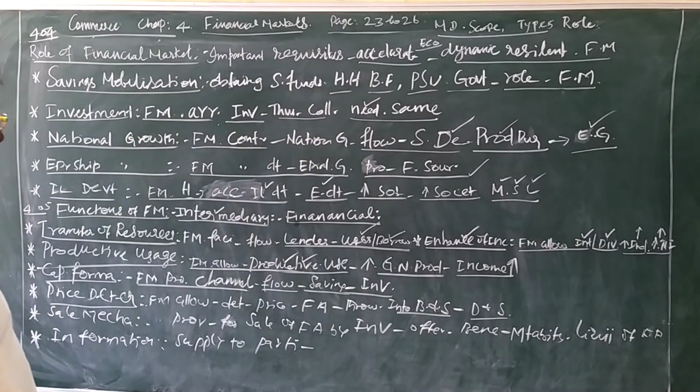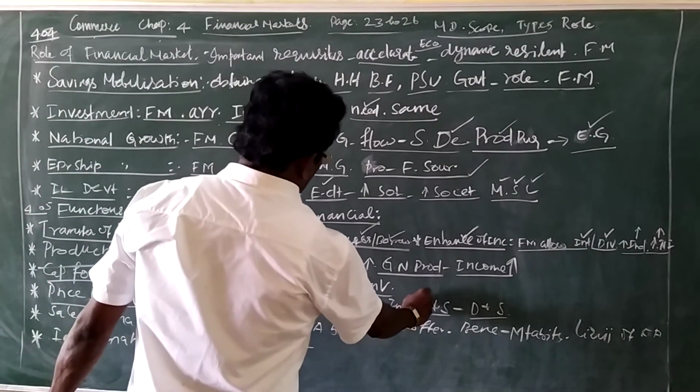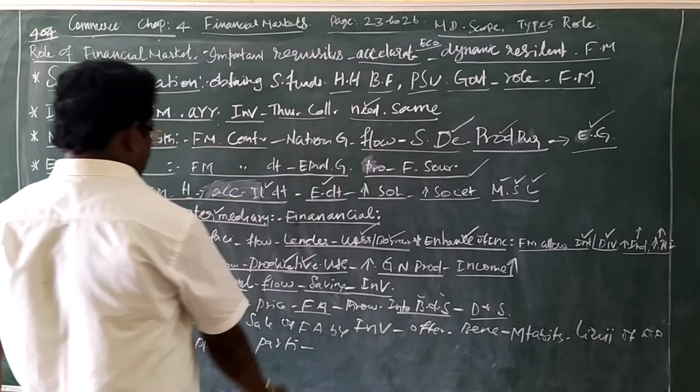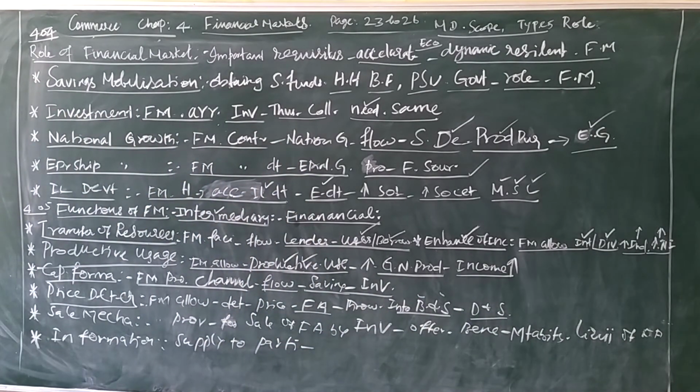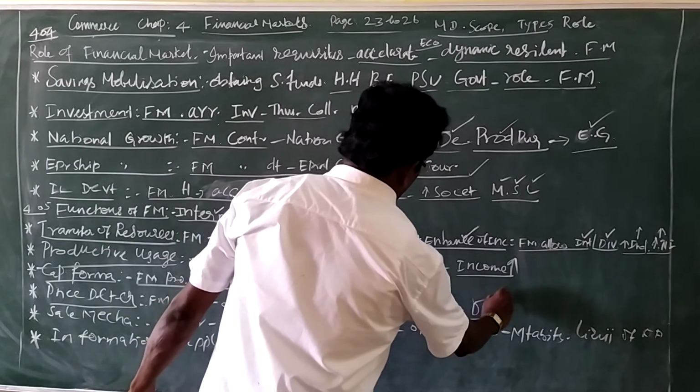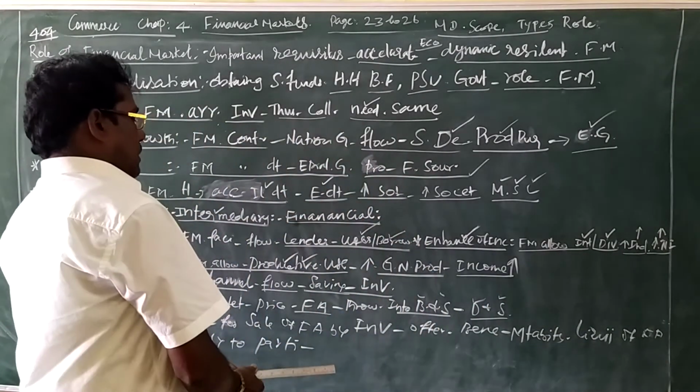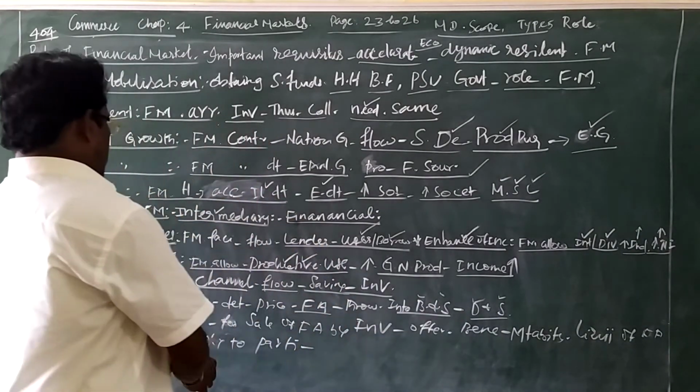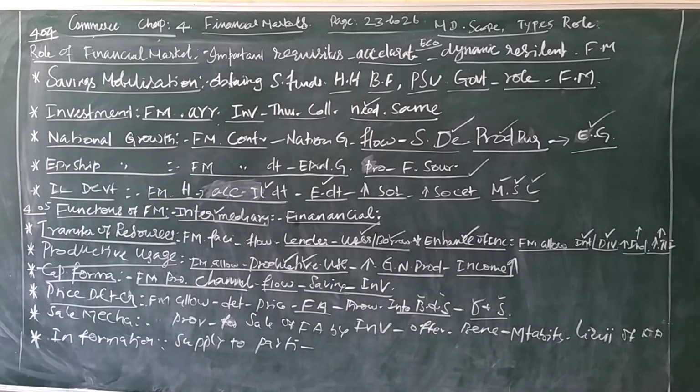An interaction takes place with the help of, or the efforts taken by, the financial market, between the buyers and sellers of financial assets. The prices of financial assets are determined by the demand and supply level.